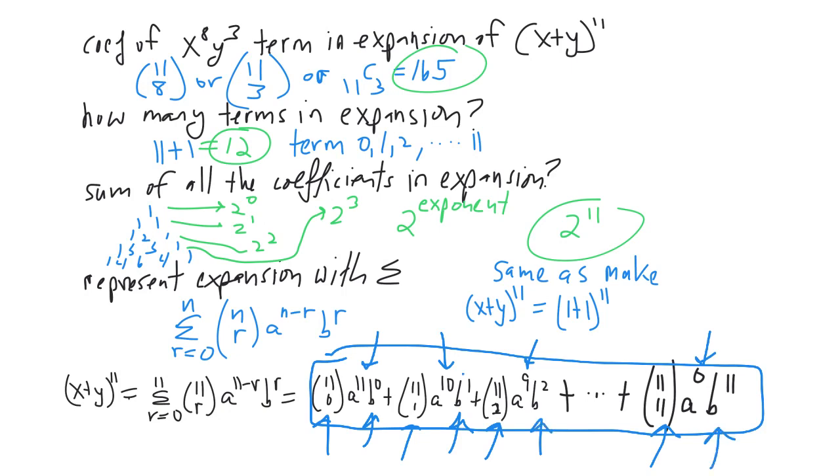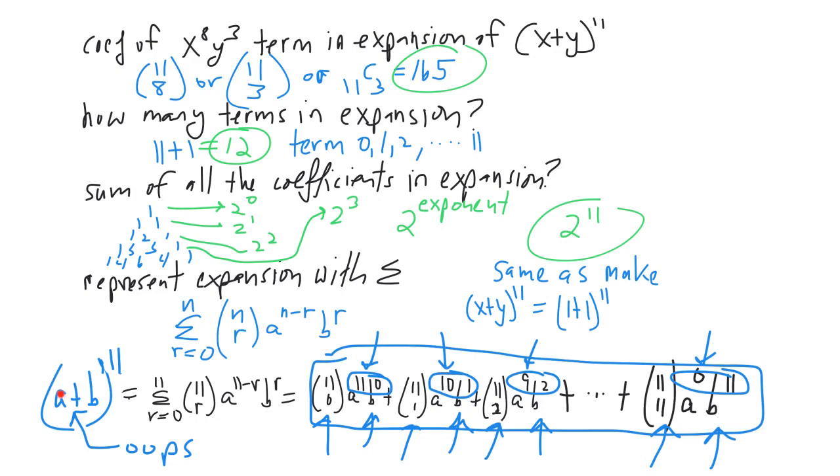But in each term, the sum of the two exponents always adds to 11, if it's an 11th power to start with. And I should have said a plus b to the 11th, not x plus y to the 11th, since we have a's and b's.